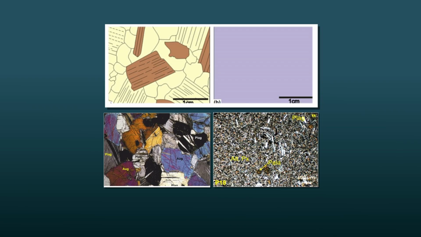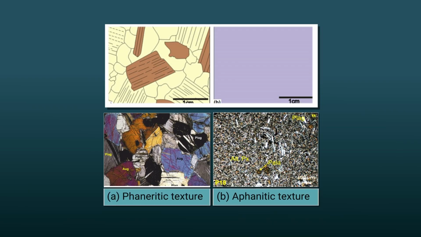Now I am showing you phaneritic and aphaneritic rocks. On my left-hand side, you have a phaneritic texture with very coarse-grained crystals of augite and plagioclase. They can be seen as big-size crystals, but on the right-hand side you have an aphaneritic texture where plagioclase crystal size is very small, and the similar slide is shown with the help of hand sketches on the top.